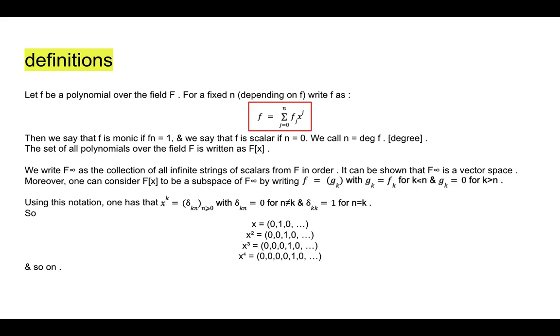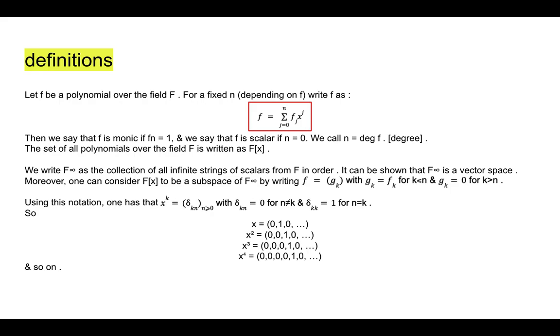Using this notation, one can write that x to the power k equals delta sub kn, where delta is the Kronecker delta. Here n ranges over the non-negative integers. So, for k different from n, we have that delta_kn equals 0, and for n equal to k, we have that delta_kk equals 1.